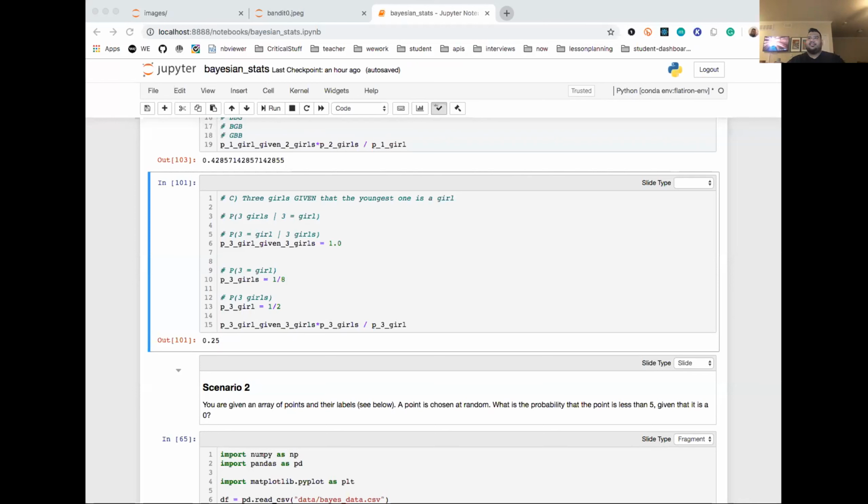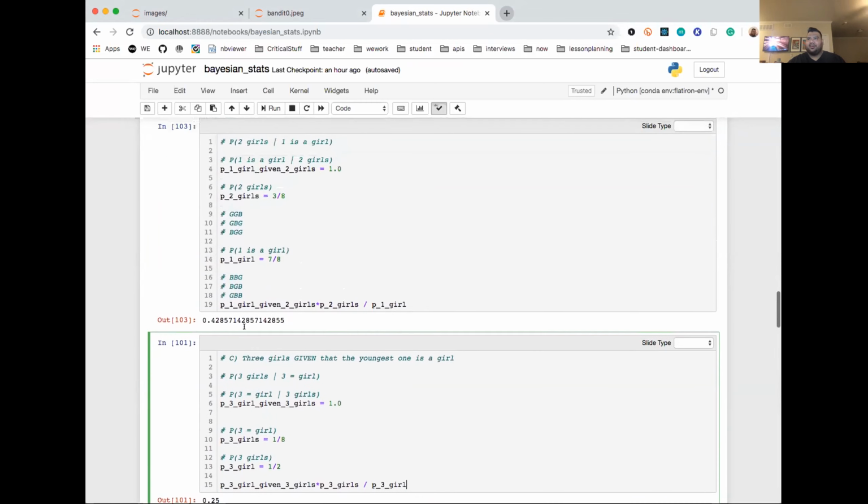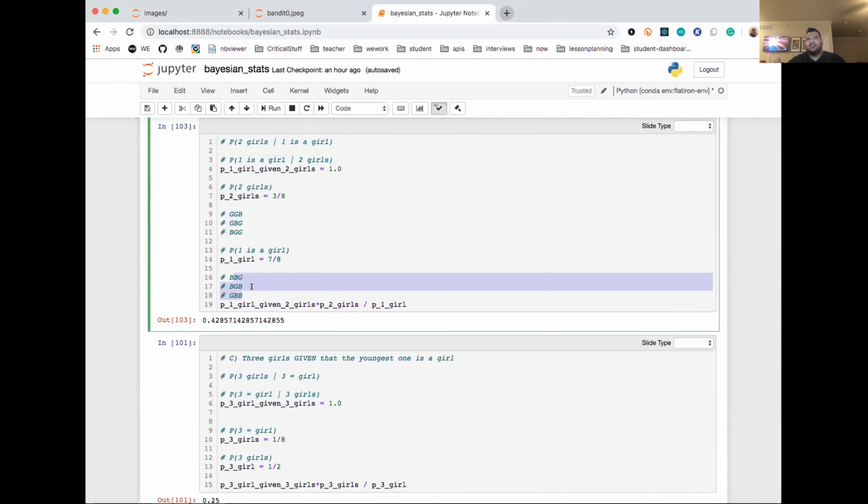I would like to share with you how I label my work, just so you can see it. This is how I label things whenever I do these problems, and I write comments here on what I'm looking at. It really helps me follow my own work. Here I literally just wrote out what I was doing.